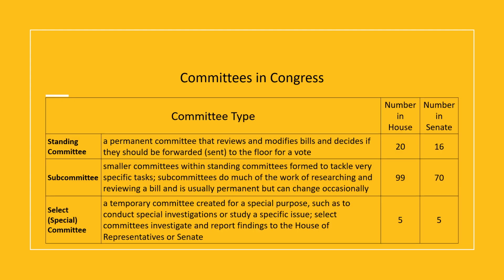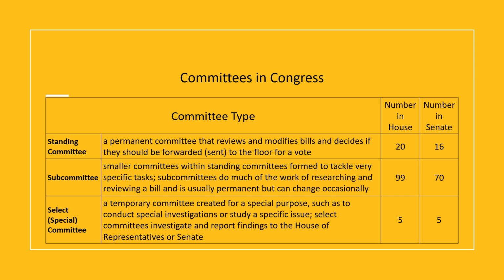So let's look at some committees in Congress. There are three types of committees. There are standing committees. Standing committees are permanent committees. They review and modify bills and decide if they should be sent to the floor for a vote. A subcommittee is a committee within a committee that is formed to tackle a specific task.